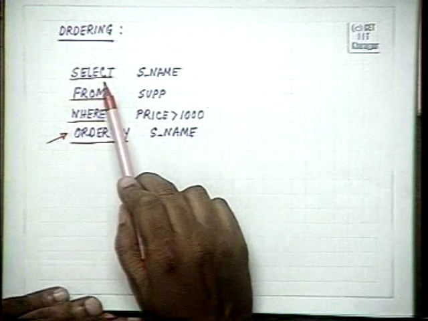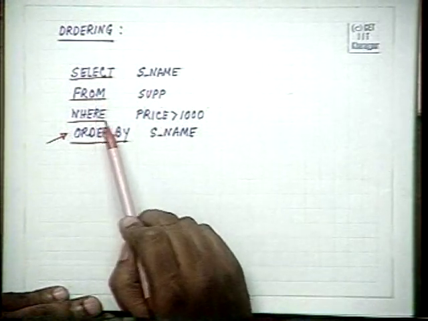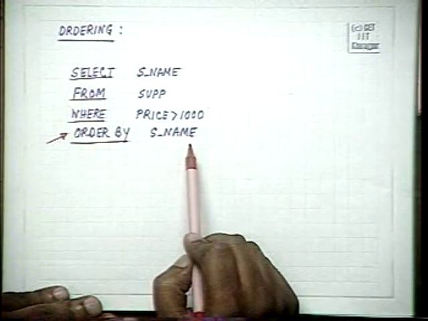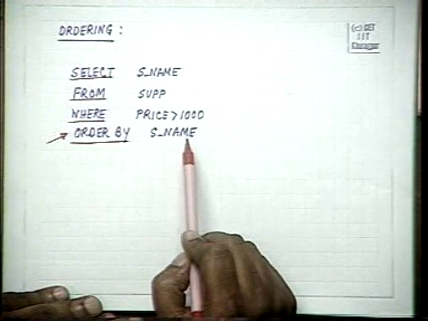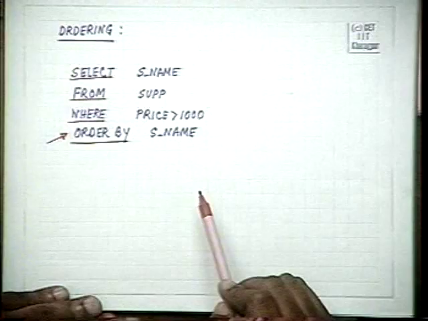This says select supplier name from sub where price is greater than 1000, order by supplier name. So, the resultant relation will be ordered by supplier name, that is, the final answer will be ordered according to supplier name. Now, it will be ordered in ascending or descending order according to the default ordering of the system.